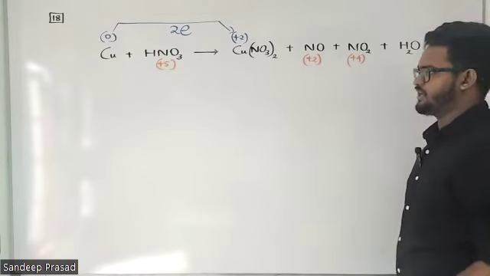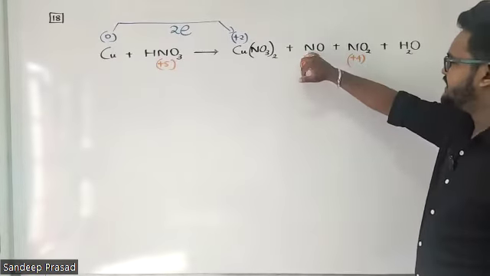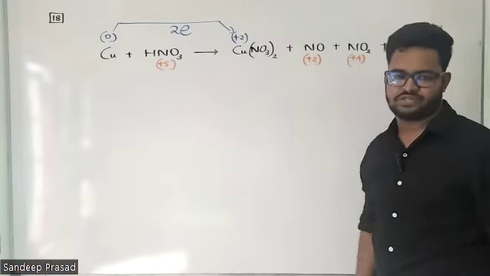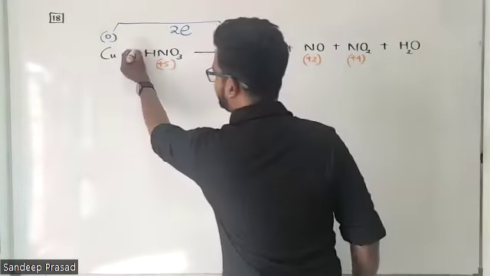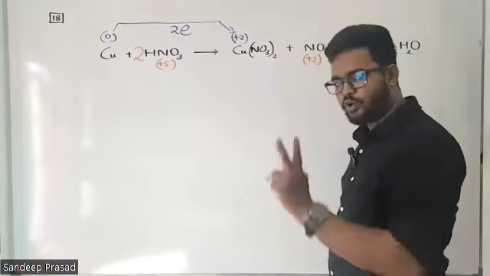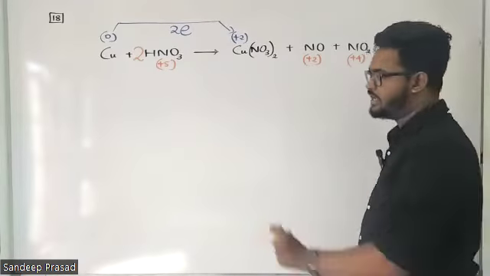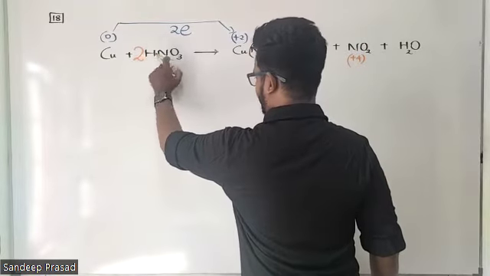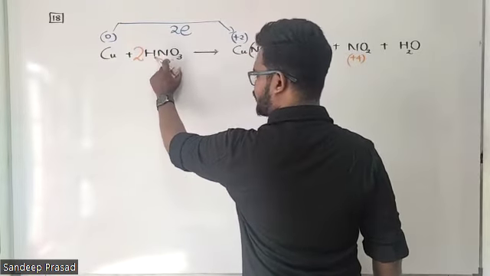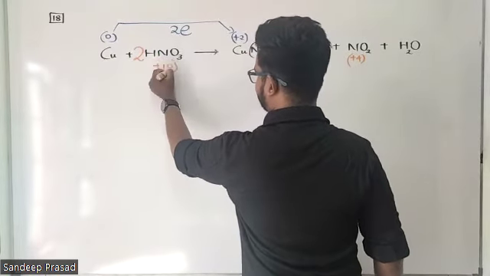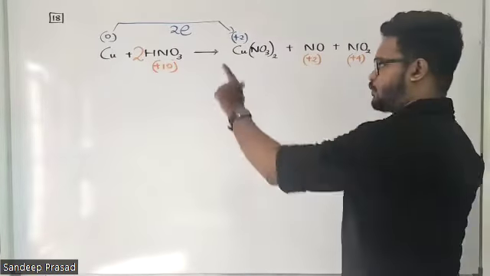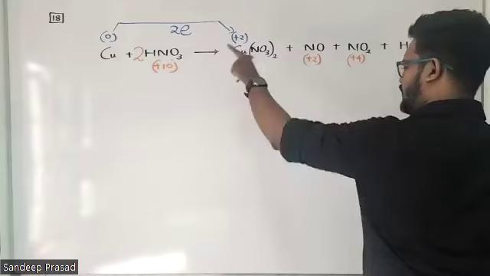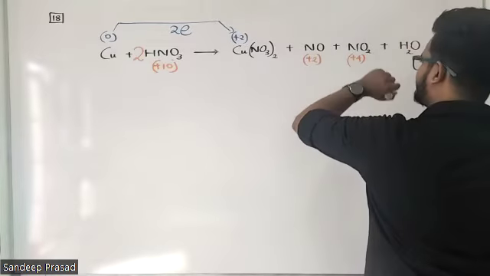Now we have to be very careful. As you can see on the right hand side, there are two nitrogen atoms changing their oxidation states. Therefore, let me put here 2 first in order to represent those two nitrogen atoms. What is the summation of oxidation numbers of those two nitrogen atoms? Plus 10... wait, the summation is plus 6, because one nitrogen is converting into NO nitrogen and one nitrogen atom into NO2 nitrogen.